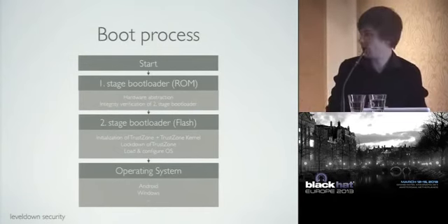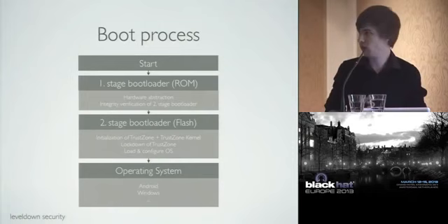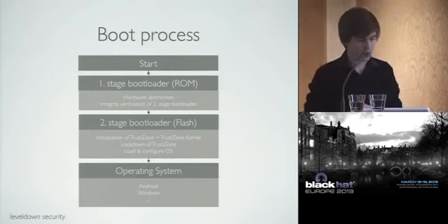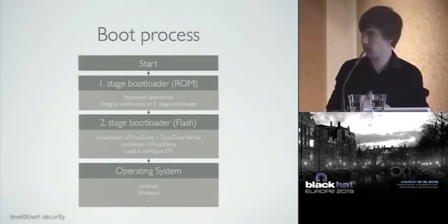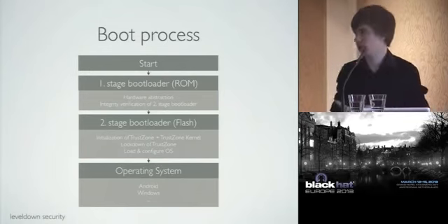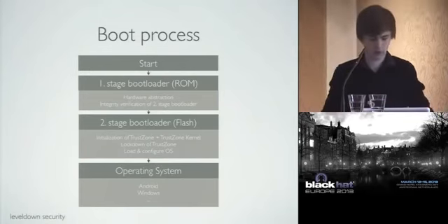To give you an idea how a normal TrustZone setup with secure boot runs on a modern mobile phone, you have the first stage bootloader, which is contained in the read-only memory. It sets up some hardware abstraction, and then there's integrity verification of the second stage bootloader, which is normally contained in flash and can be updated using firmware updates and so on.